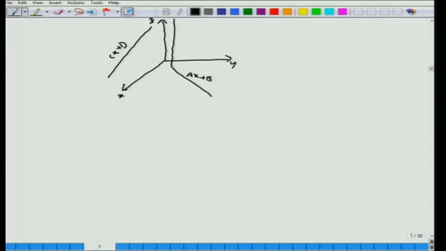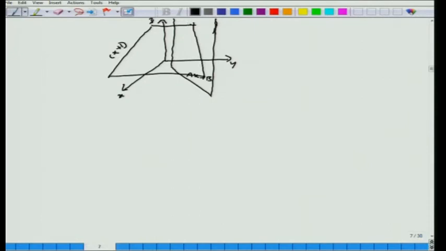So, this is a vertical plane like this, and here something like this.